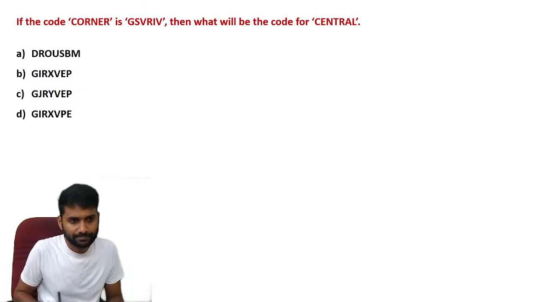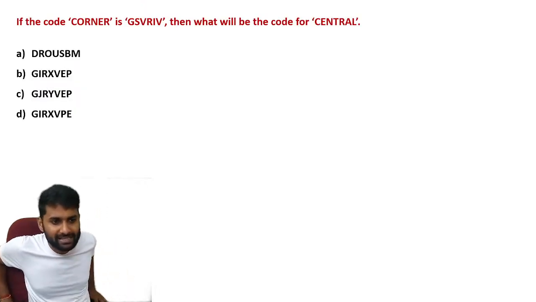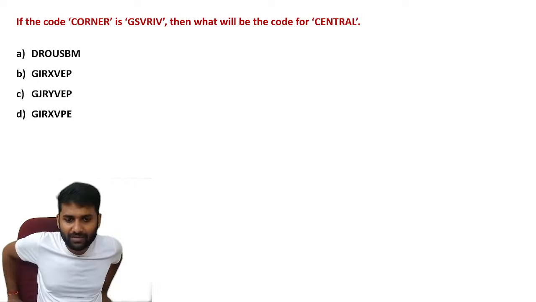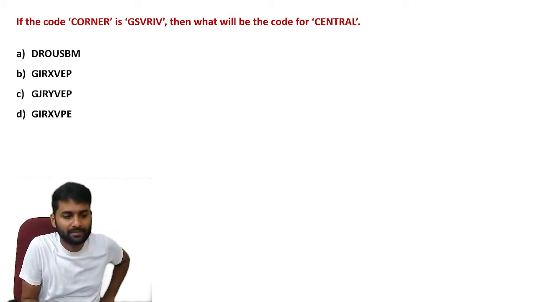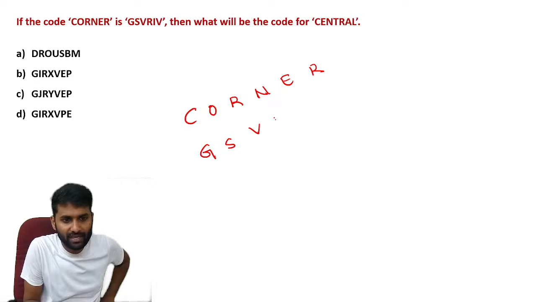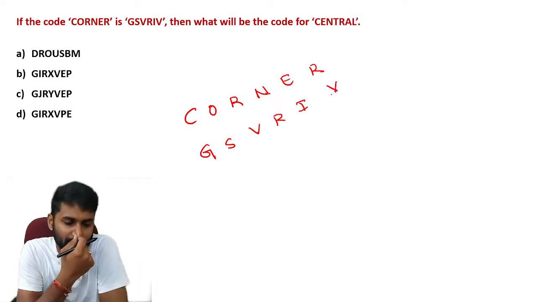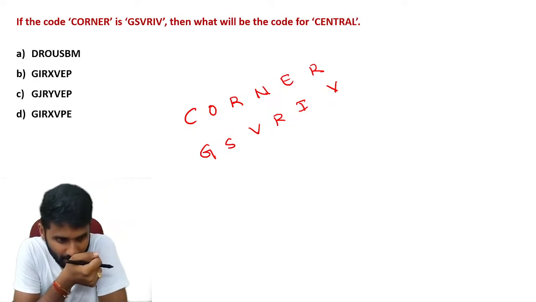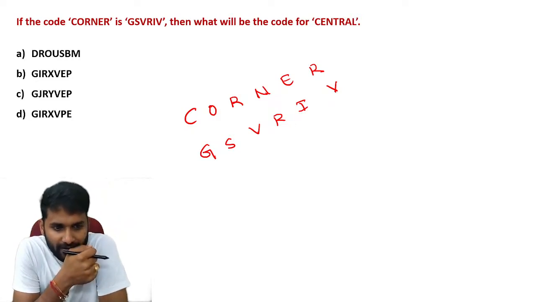Answer this question. If the code for CORNER is GSVRIP, then what will be the code for CENTRAL? CORNER, GSVRIP. Find the logic.